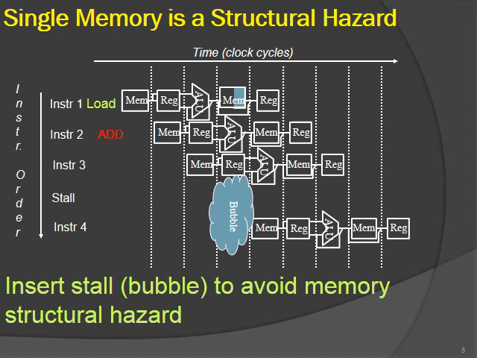So in the 4th clock cycle, the memory port will be used by instruction 1, that is the load instruction, and during clock cycle 4, instruction 4 will not use the memory module at the same clock cycle. The memory module will be used afterwards.